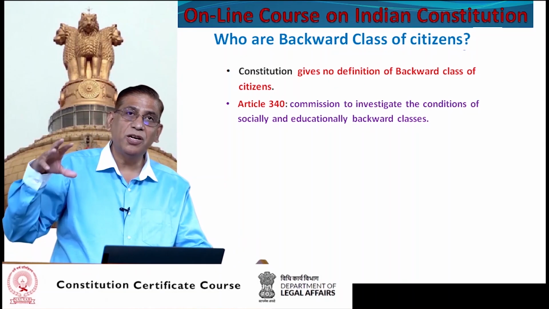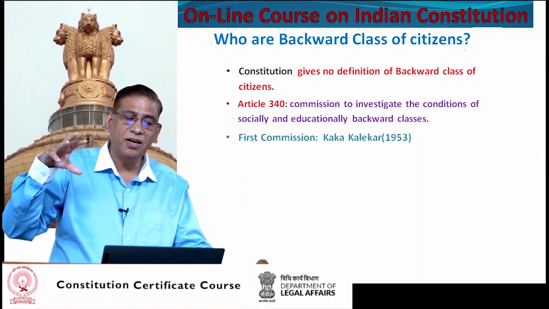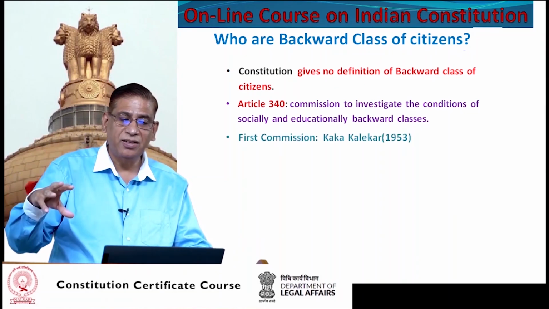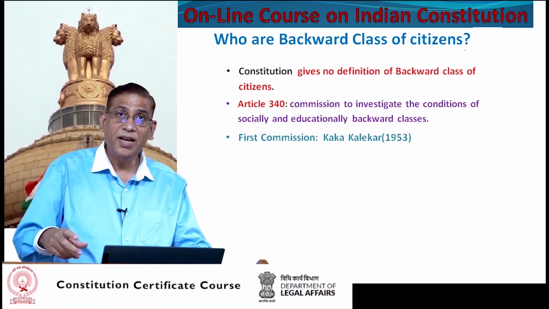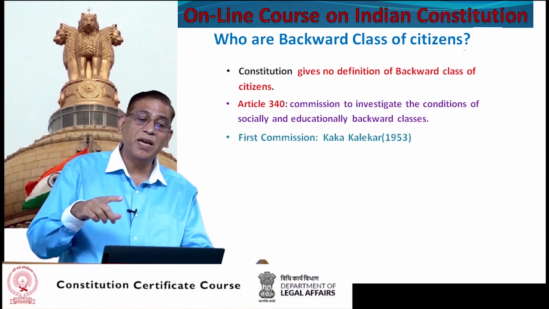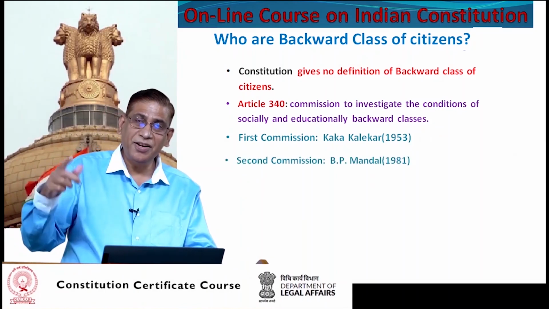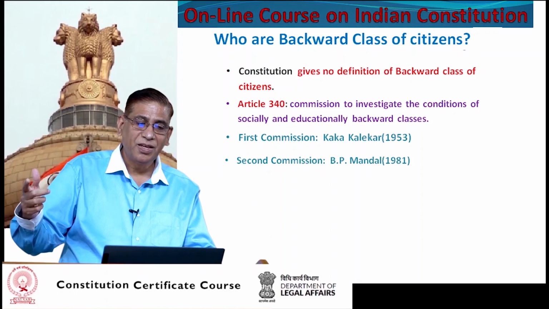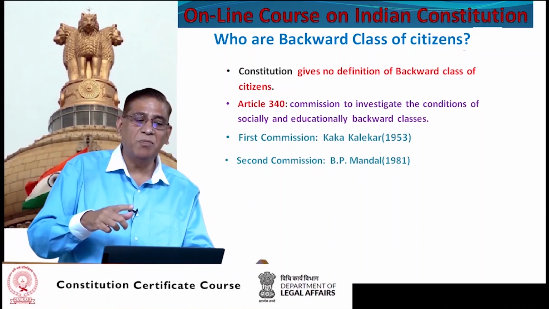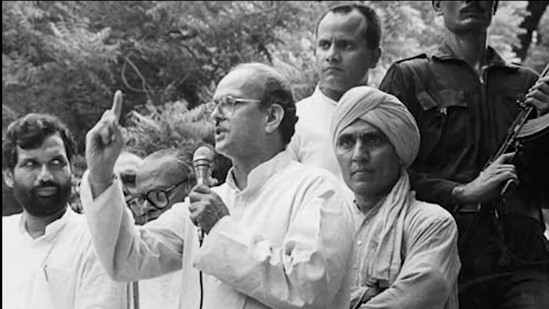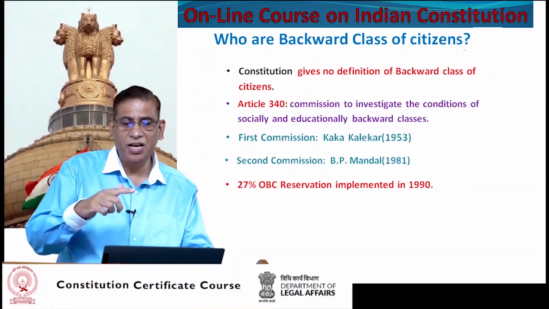The first commission was appointed under Kaka Kalelkar in 1953 and the second commission was headed by BP Mandal, 1981 commission. Now it was the BP Mandal commission which recommended 27% OBC reservation that was implemented by VP Singh government in 1990.